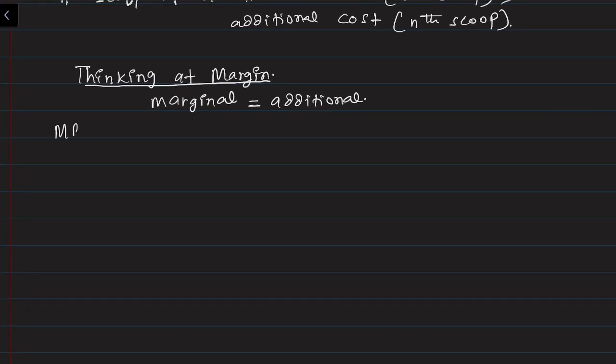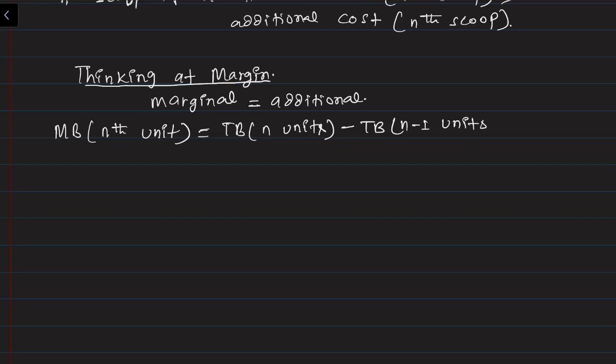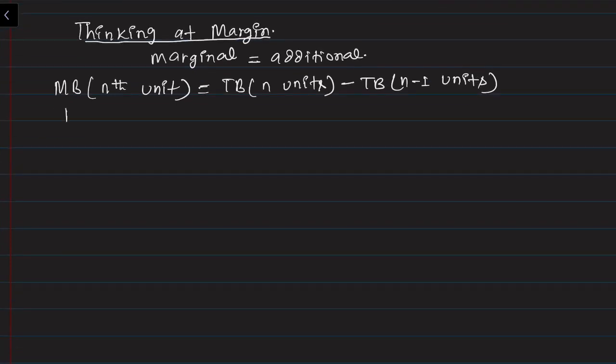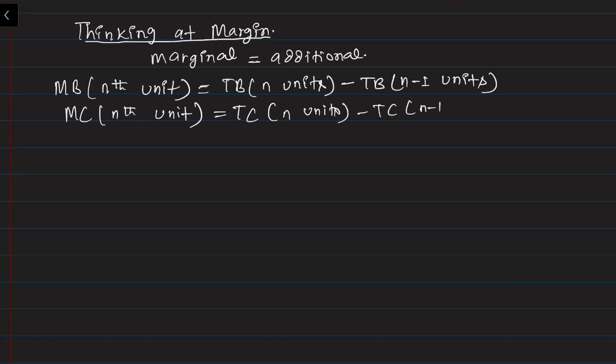So marginal benefit of nth unit is equal to total benefit of n units minus total benefit of n minus 1 units. Similarly, marginal cost of nth unit is equal to total cost of n units minus total cost of n minus 1 units.